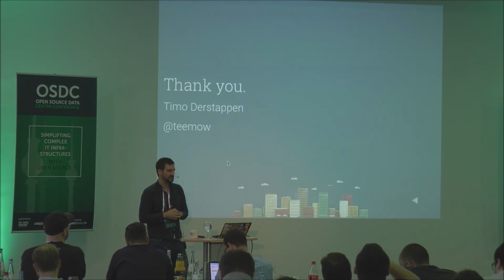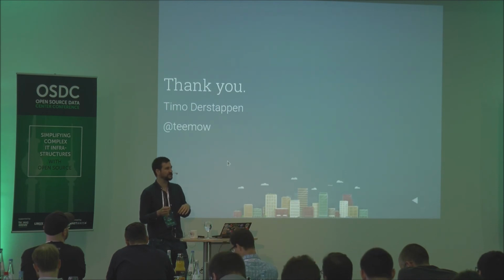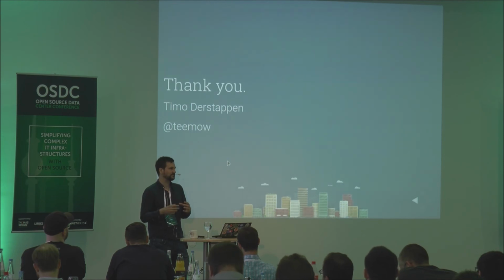So usually our expectation is that projects that are in the foundation also fit better with Kubernetes than other solutions. That's not always true, but at least they are in a family somehow.